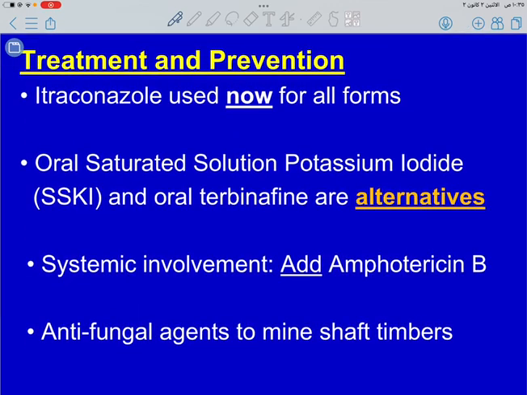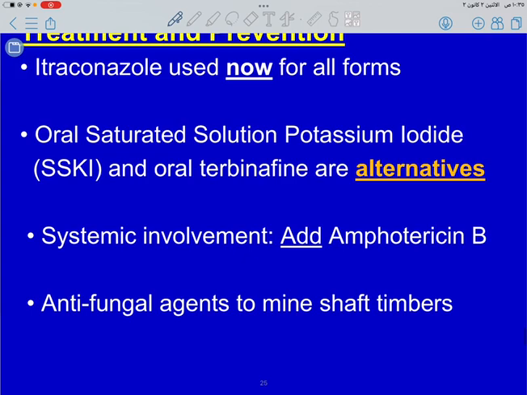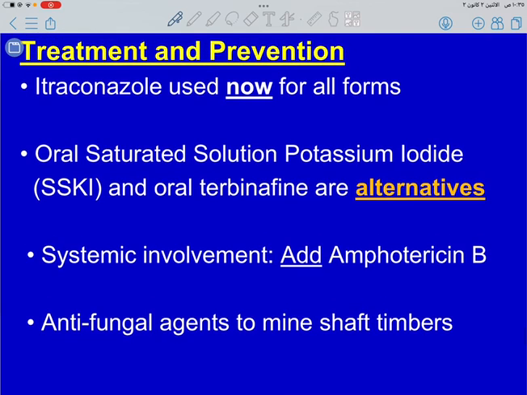التريتمنت، زي ما حكينا سابقا بالدرماتوفايت، itraconazole is the best treatment. Or you can use oral saturated solution of potassium iodide, SSKI, and oral terbinafine are alternative to itraconazole. ترى في الميكولوجي ما في غير ثلاث أربع أدوية فقط هي المستعمل عادة في المستشفيات.